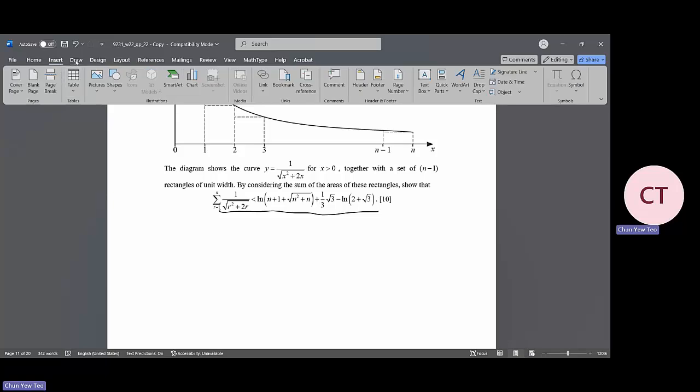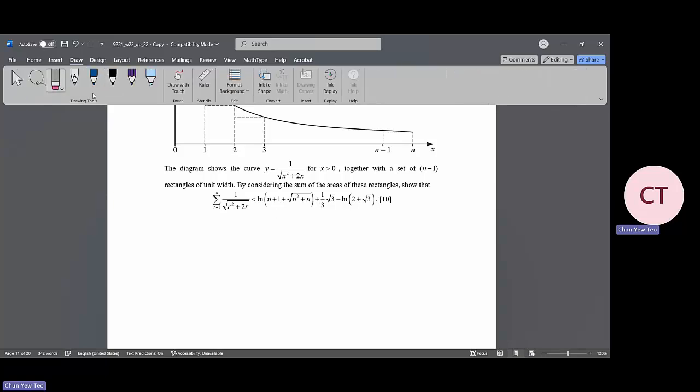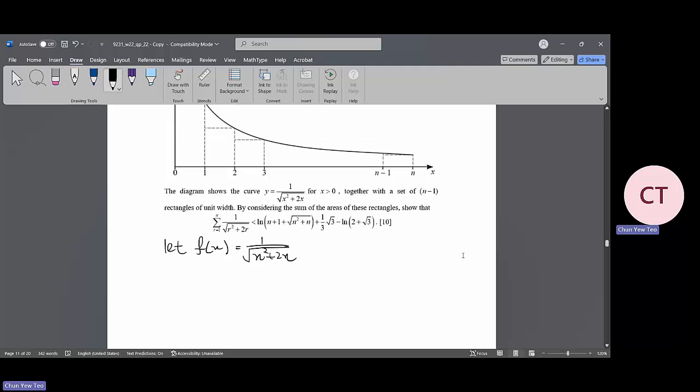Okay, so what you need to do over here is to let this be a function f(x). Then you just show the rectangles. You want the area of the rectangles to be less than the integration. So when you see the series over here, it means the sum of the areas of rectangles.